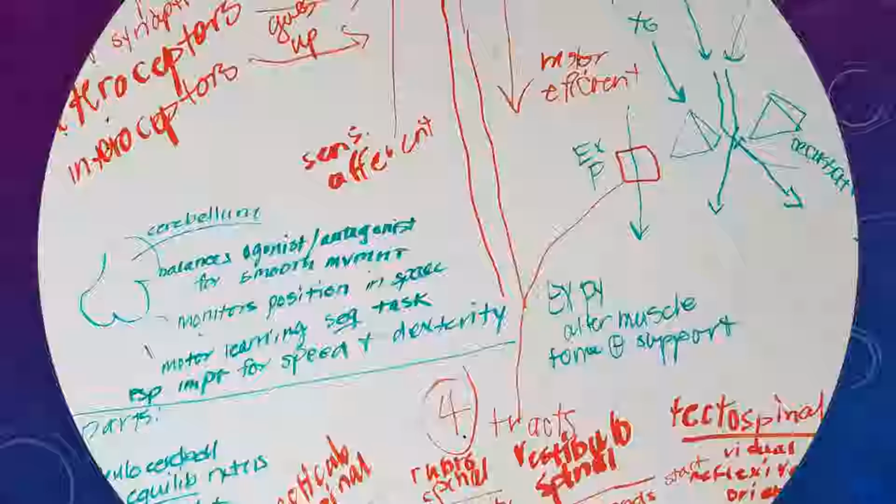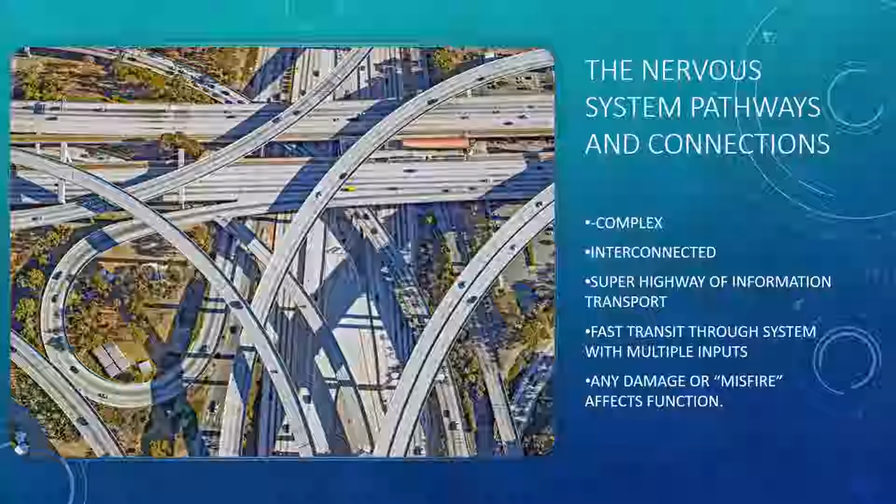So here's a blow up of what I did. And so you can see how I'm like Doc from Back to the Future when it comes to this, but this is what I'm saving you from by doing the lecture instead. So the basic thing that is true is that the nervous system is just pathways and connections, kind of like an interchange on a freeway.